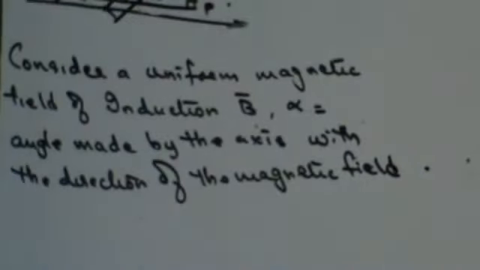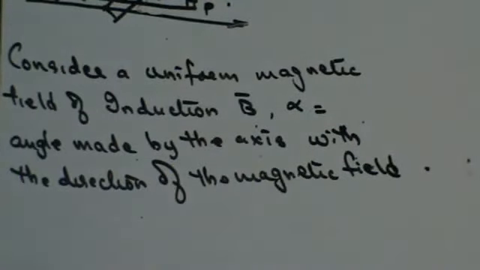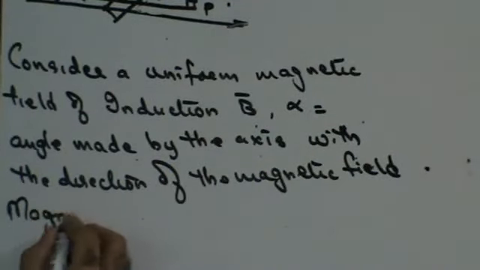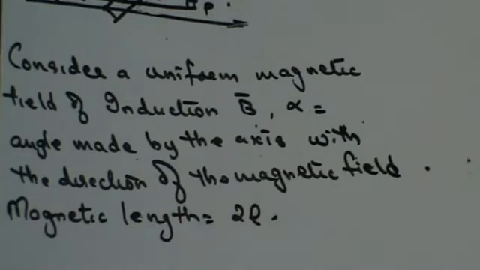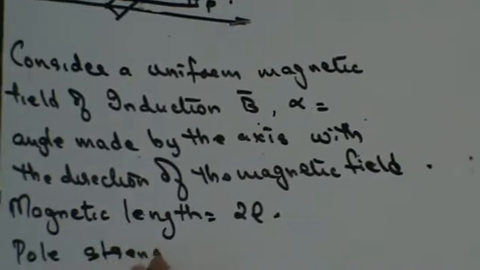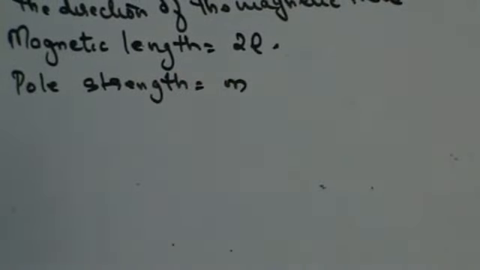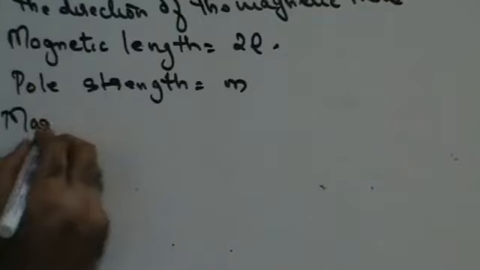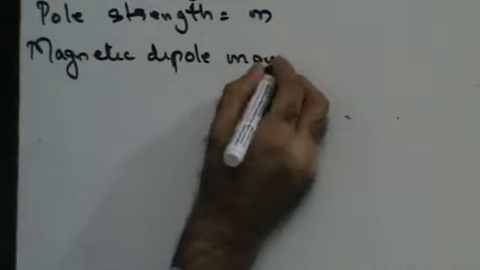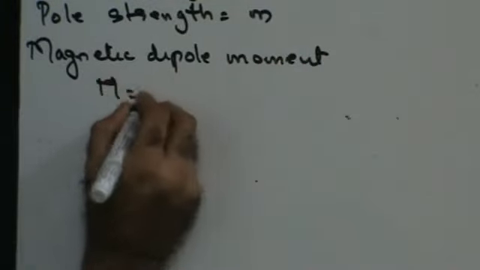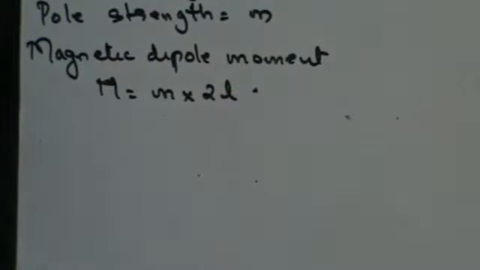Now, let's assume that the magnetic length is 2L, and let's assume that the pole strength is equal to m. In which case, the magnetic dipole moment M is equal to m into 2L. This will be your magnetic dipole moment.